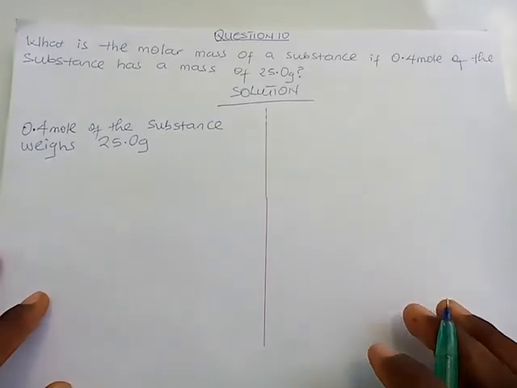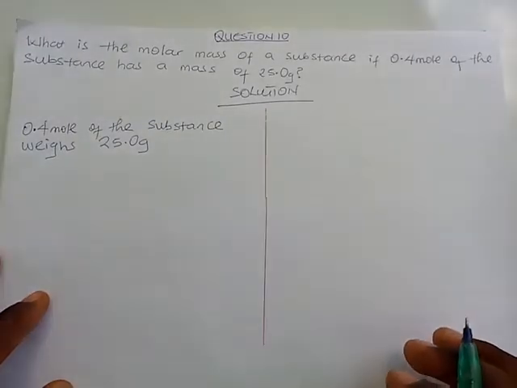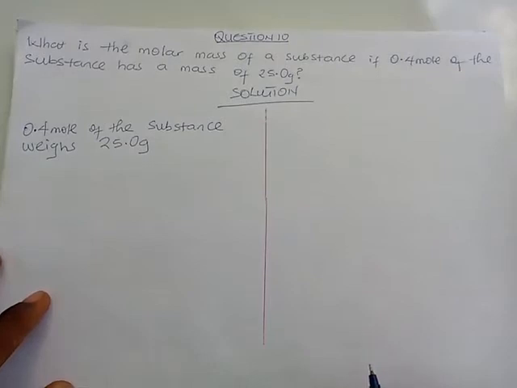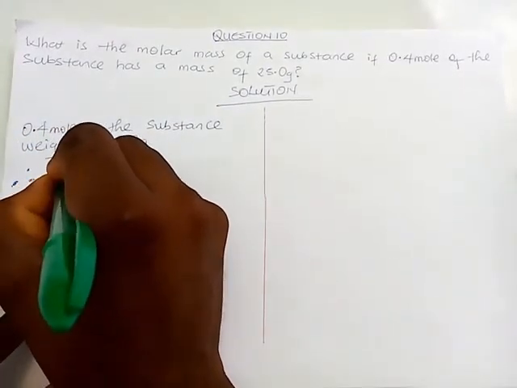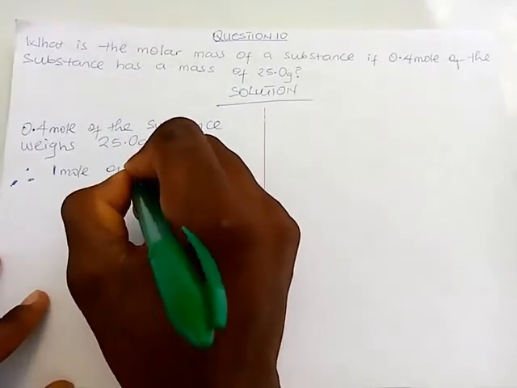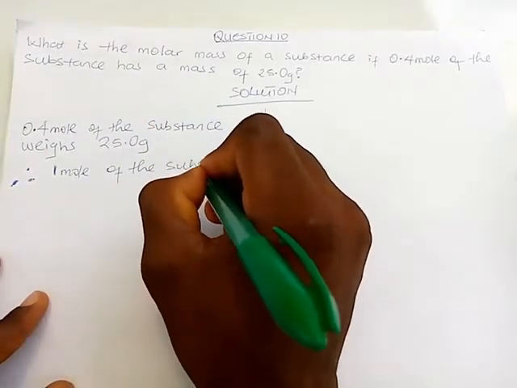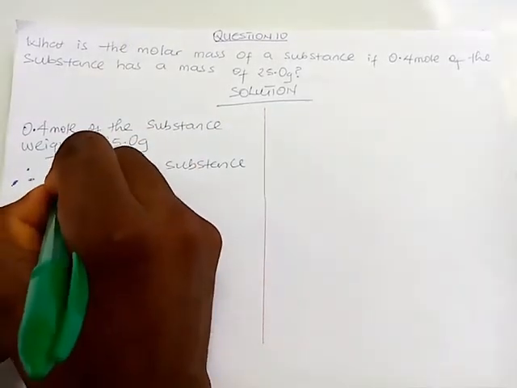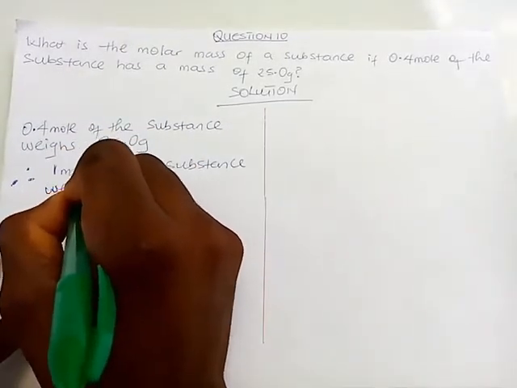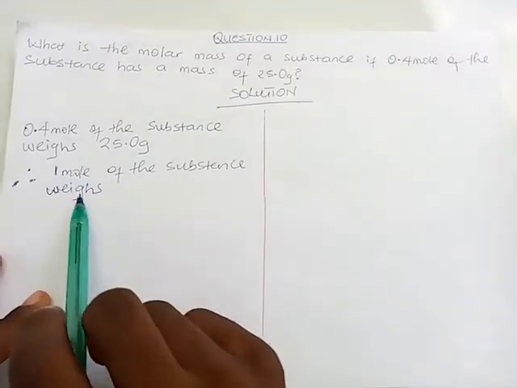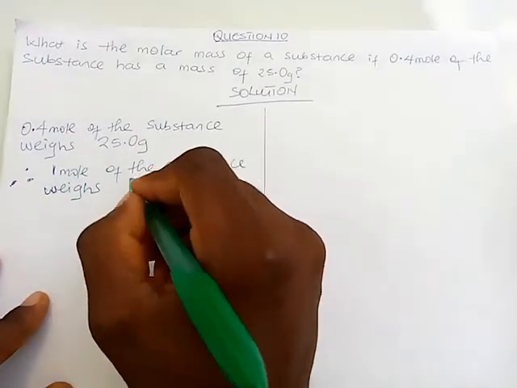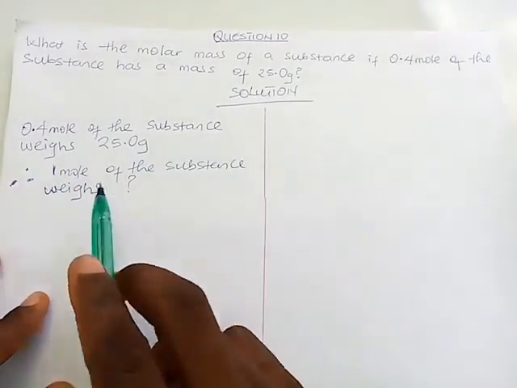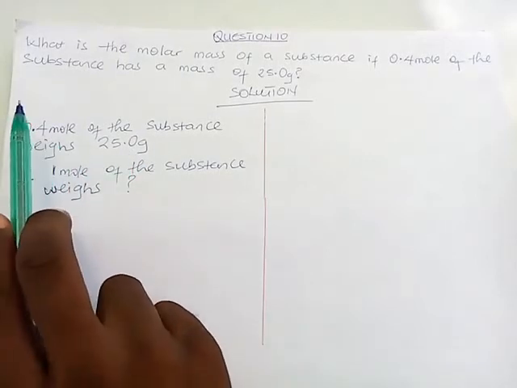As I wrote down, 0.4 mole of the substance weighs 25.0 grams. And we know that the molar mass is the mass of 1 mole. So we'll say, therefore, 1 mole of the substance weighs, we multiply this by this and divide by this one.